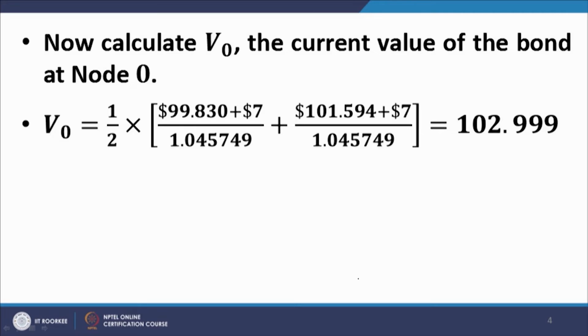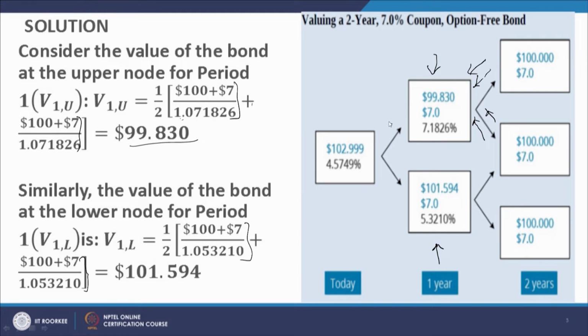Again we take the average, because we have two paths going from t equal to 1 to t equal to 0. We have this path, and we have this path. So, we have two paths going from t equal to 1 to t equal to 0, and therefore, we need to take the average of the two valuations corresponding to the two respective paths.